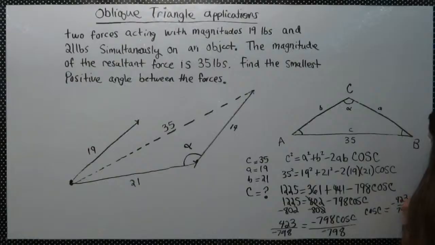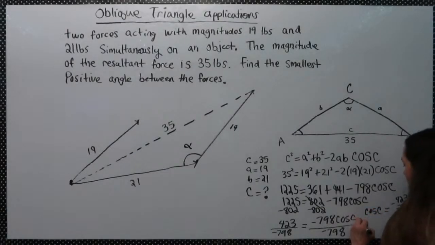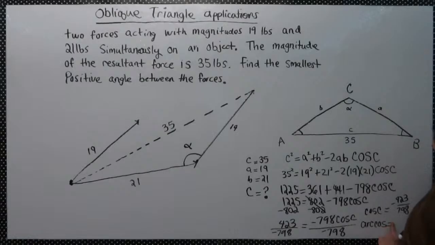So in order to solve for c now, we'll remember inverses. You're going to take the inverse of cosine, and it's going to give you c. So you'll say arc cosine of this value, negative 423 over 798, equals c.